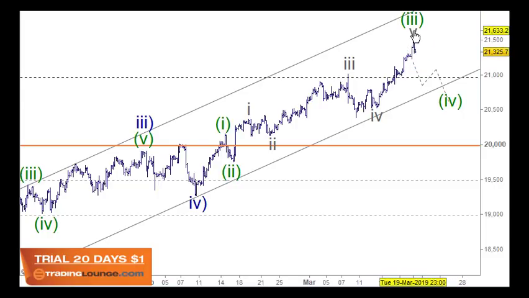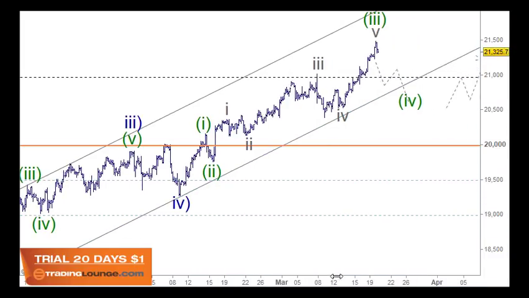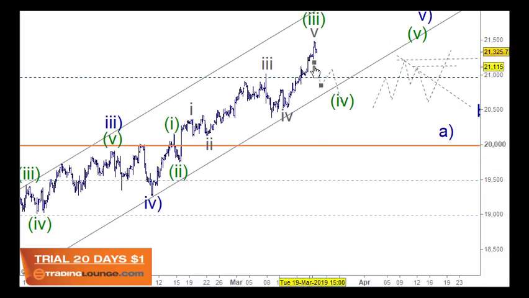I haven't pulled that apart, but that's probably in place. So that still means we can have one more wave structure here as well.